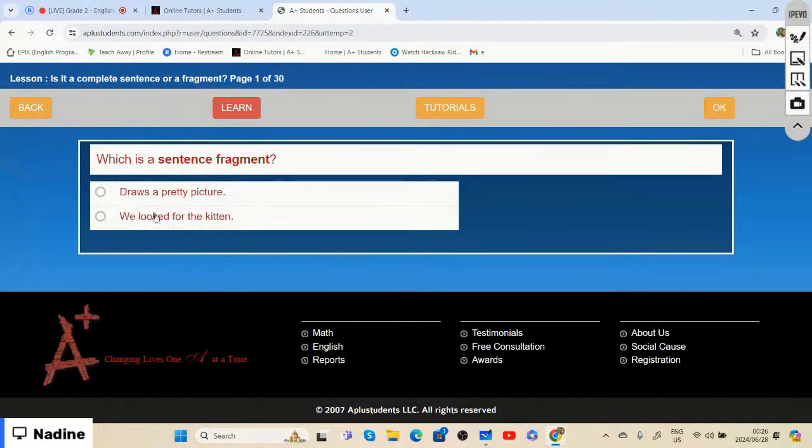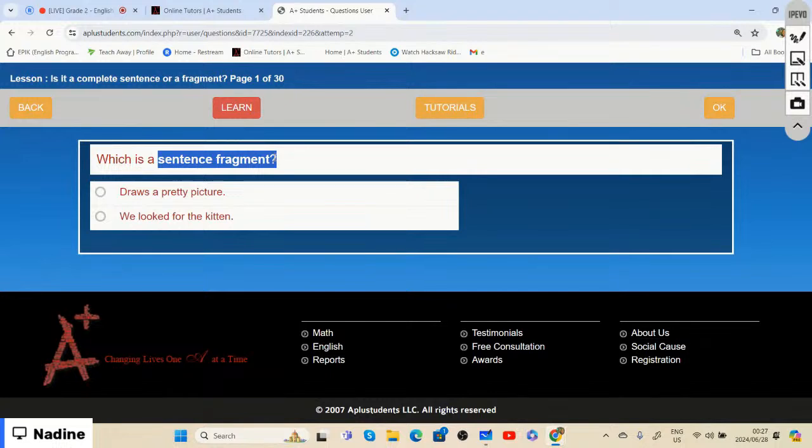So if you look at that sentence, is that a sentence fragment or is that a sentence? Because they want us to identify the sentence fragment. A sentence fragment does not express a complete thought. It's either missing a subject, meaning it does not have a subject, or it does not have a verb.